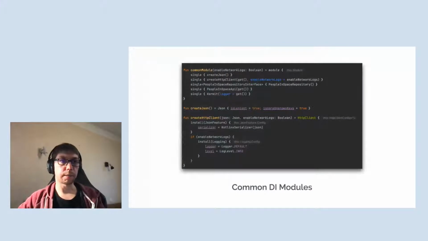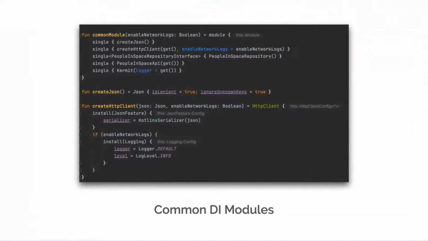How can we do that? Finally, we are describing a few common components like a JSON serialization library instance, HTTP client, repository, remote access API, and a logger here. You can see several. We are declaring components that are purely Kotlin or KMM.